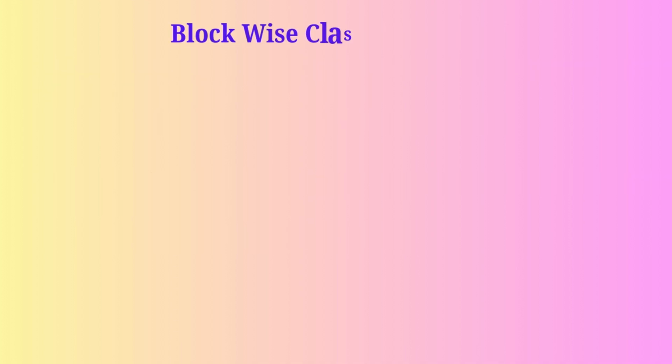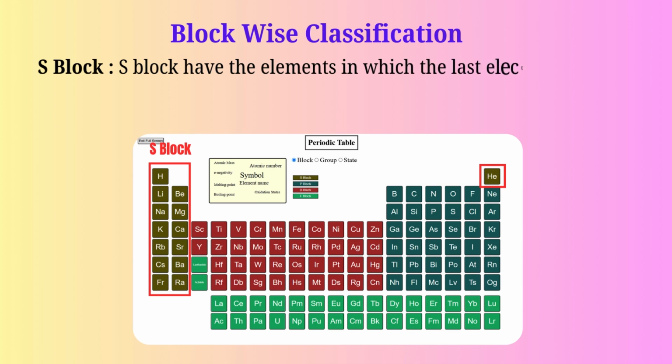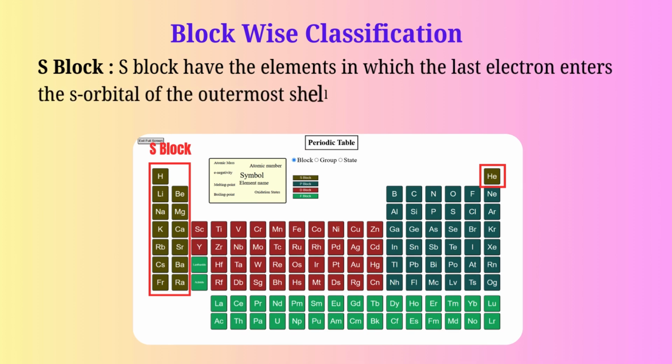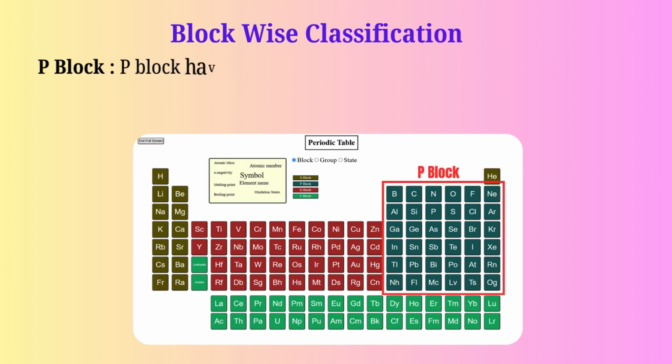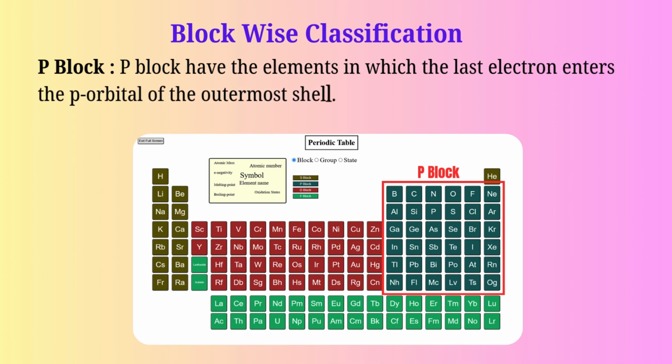Let's discuss the blockwise classification of the periodic table. The periodic table can be classified into the following blocks. S block. S block elements are those in which the last electron enters the s orbital of the outermost shell. P block. P block elements are those in which the last electron enters the p orbital of the outermost shell.